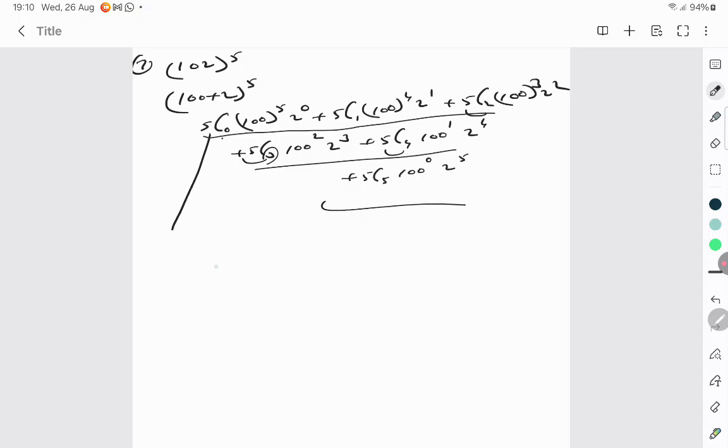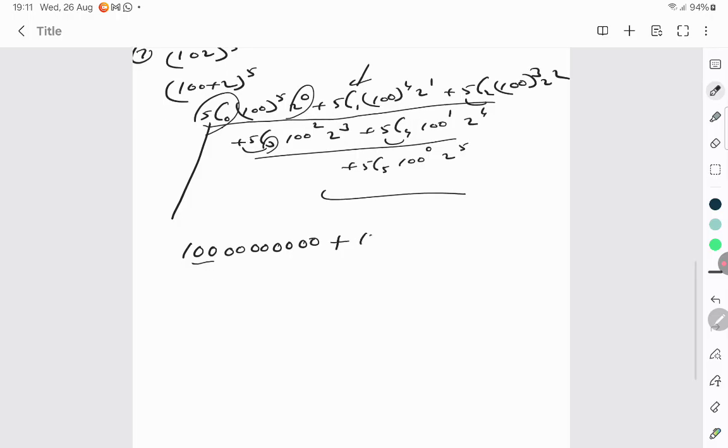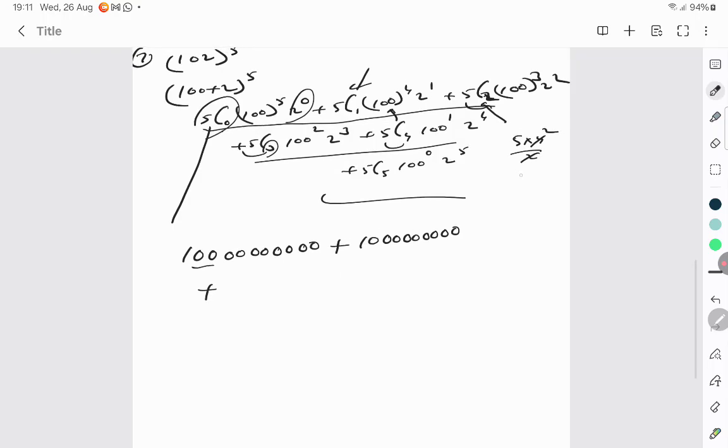5c0 is 1, 2 to the power 0 is also 1, so 1 and 5 zeros. Plus 5c1 is 5, 5 2s are 10, and 100 to the power 4 gives 4 zeros. Then 5c2, you should know 5c2 is 5 into 4 by 2, which is 10.